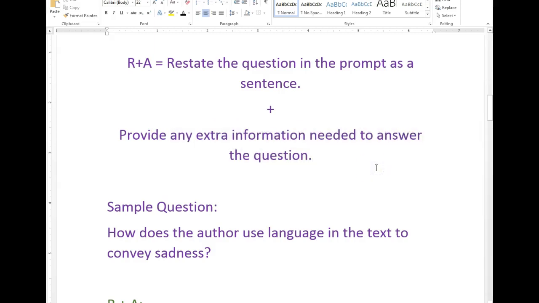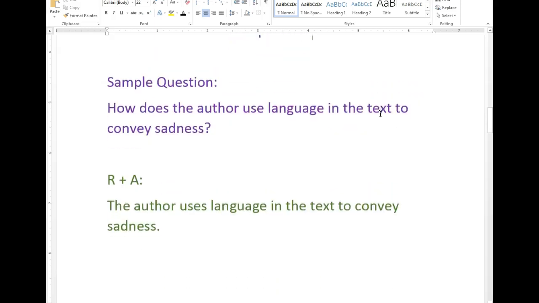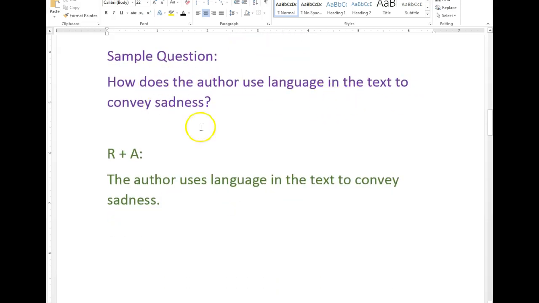Now, sometimes everything you need is in the question. Sometimes you have to add an answer. Here's what I mean. Let's look at this sample question. If this were your question on the EOC, you could complete R and A by just turning the question into a statement. How does the author use language in the text to convey sadness?